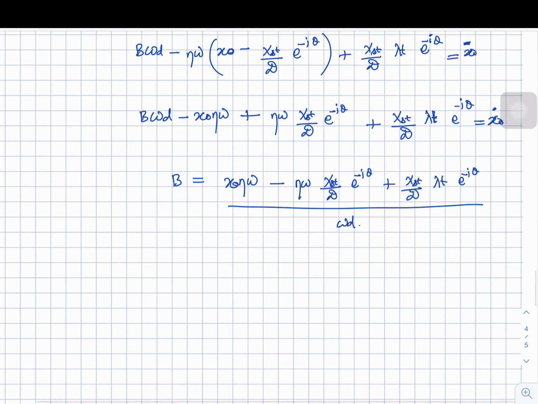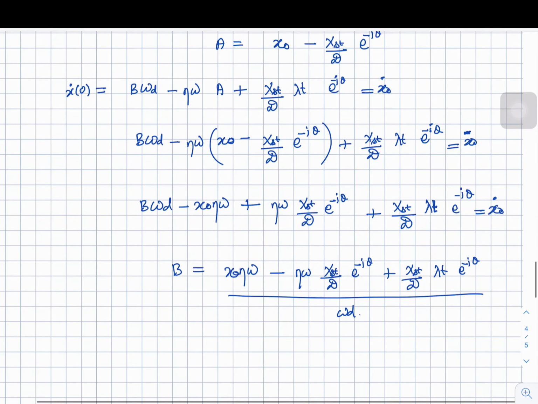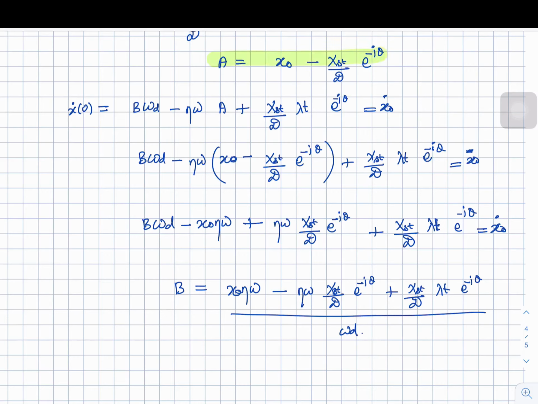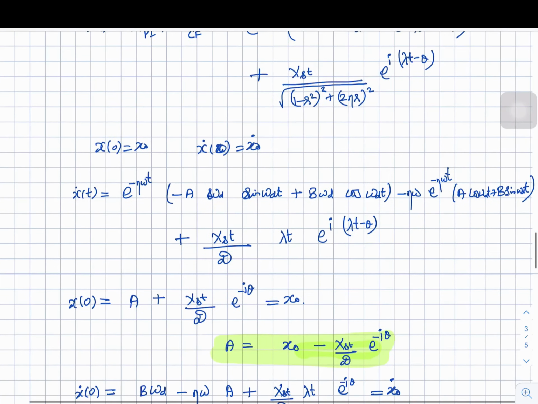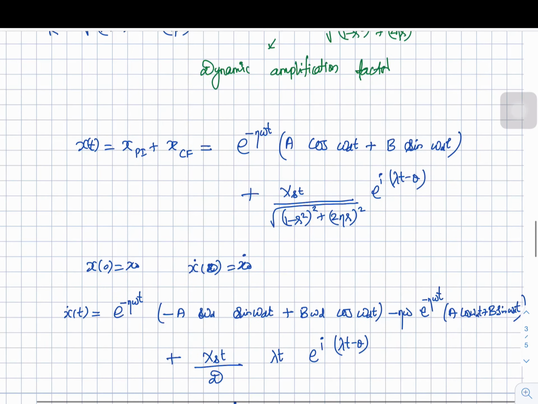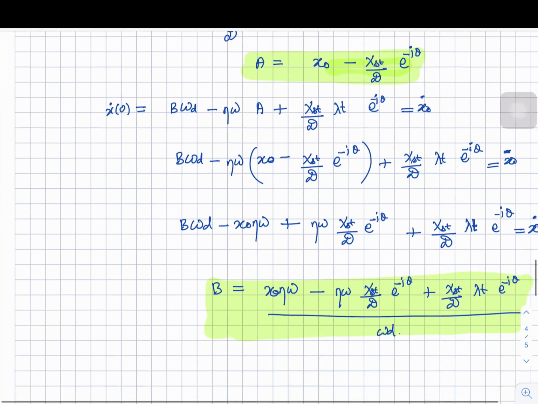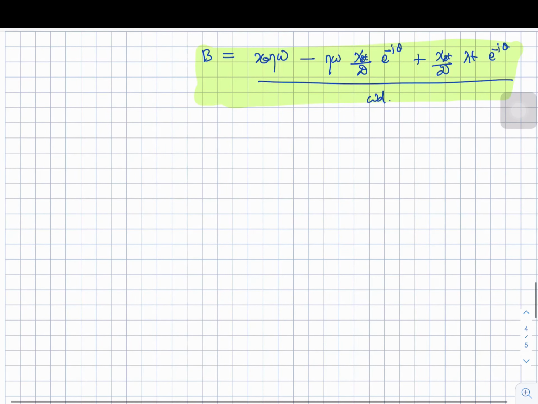So then we substitute this A and B into the equation. If we substitute this A and B here, then what will we get?